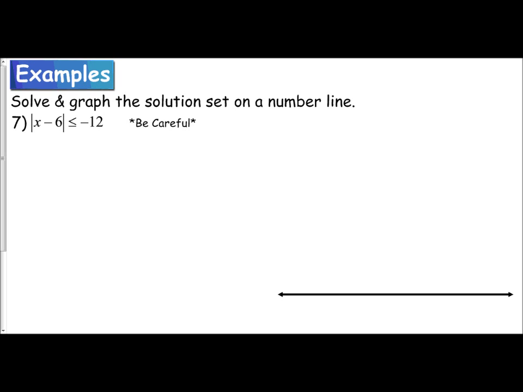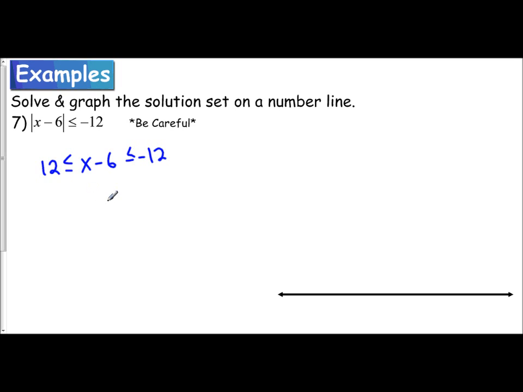So for this example, if you try to approach it just by memorizing steps and not the concept, what you would do is think to yourself, this is an and compound inequality. So I'm going to set it up the same way I've done before, where I put my variable expression between the original and the opposite.